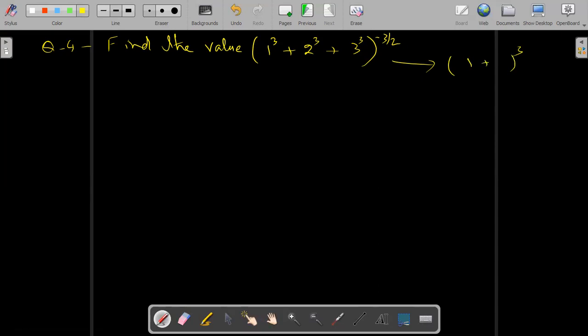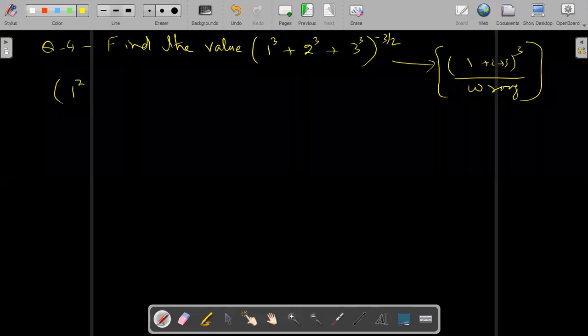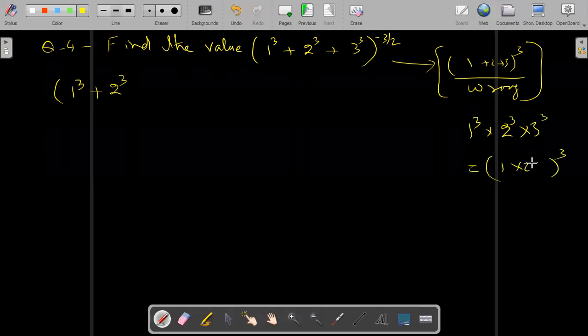1 plus 2 plus 3. Okay, this is wrong. We cannot take common in addition. So that's why they have given this question. We can take common in multiplication only. If it is in multiplication, 1 cube into 2 cube into 3 cube, then we can take common power 3 of 1 into 2 into 3.